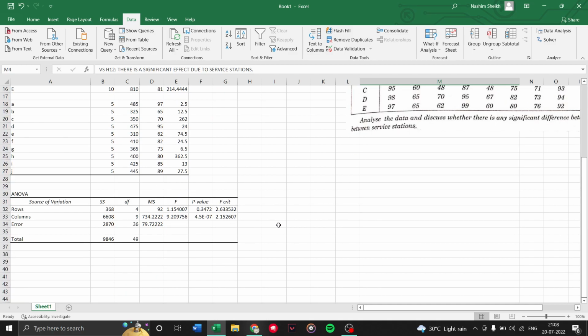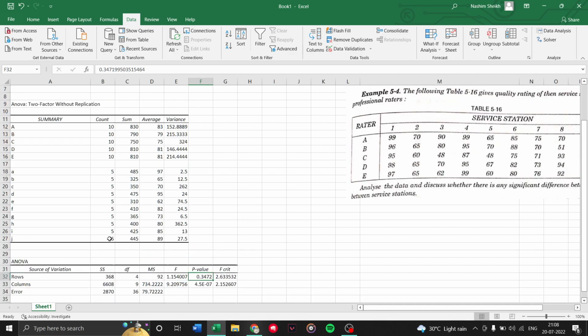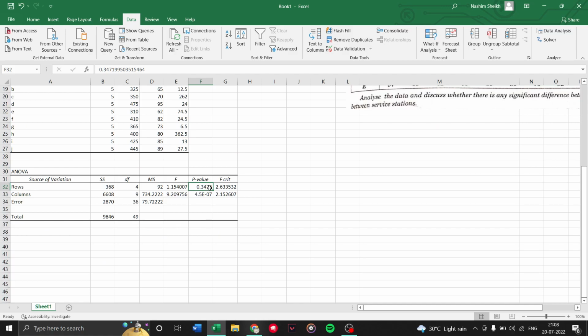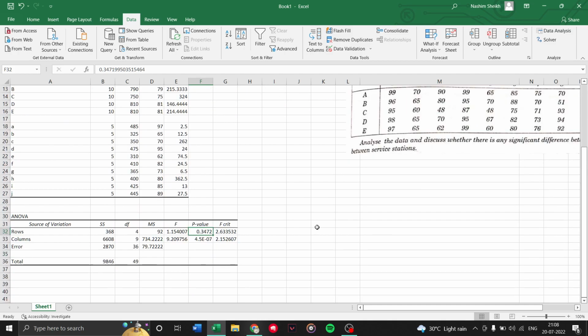Now we can also do the interpretation with the help of the p-value. See, we have taken our alpha to be 0.05, our level of significance is 0.05. So for the rows, that is for the raters, the p-value is 0.34, which is greater than 0.05. So we fail to reject the null and we accept the null, that there is no significant effect due to the raters.